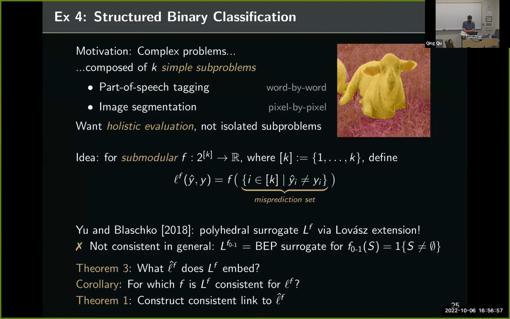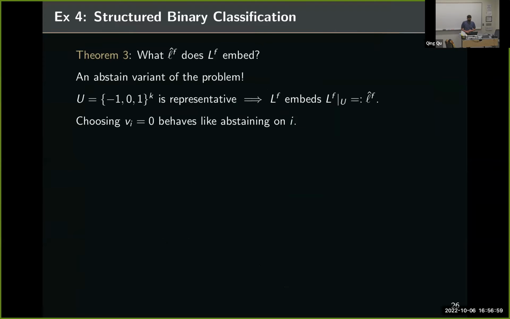So it turns out that a representative set for this loss is {-1, 0, 1}^k, meaning instead of picking just -1 or 1 for each pixel, you can also pick 0. And semantically, picking 0 acts like abstaining on that pixel.